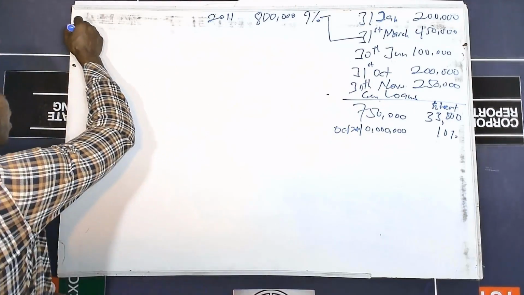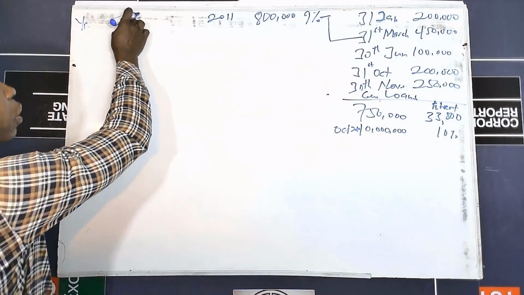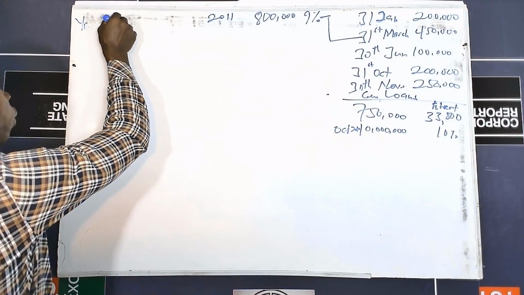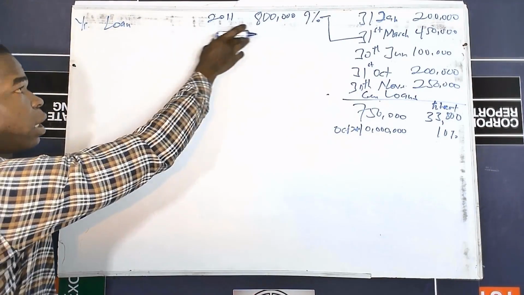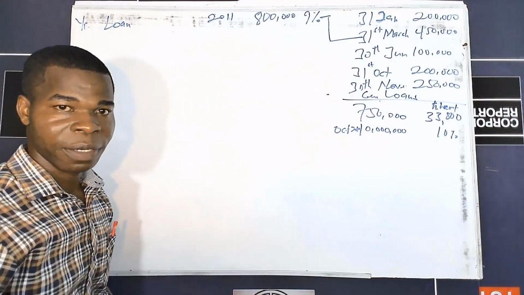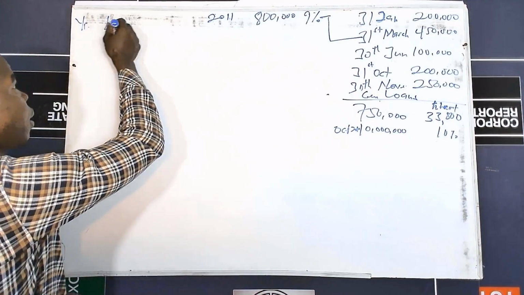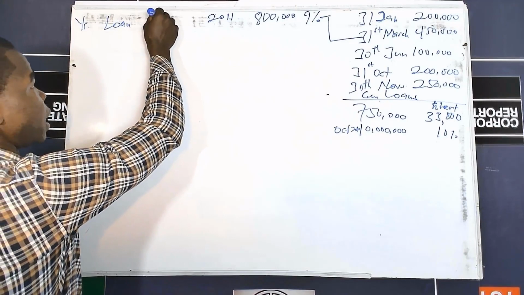So let's have our year over here, and let's look at our loan. Here we are looking at the specific loan because it was the one that was invested. And then let's look at our expenditure over here.